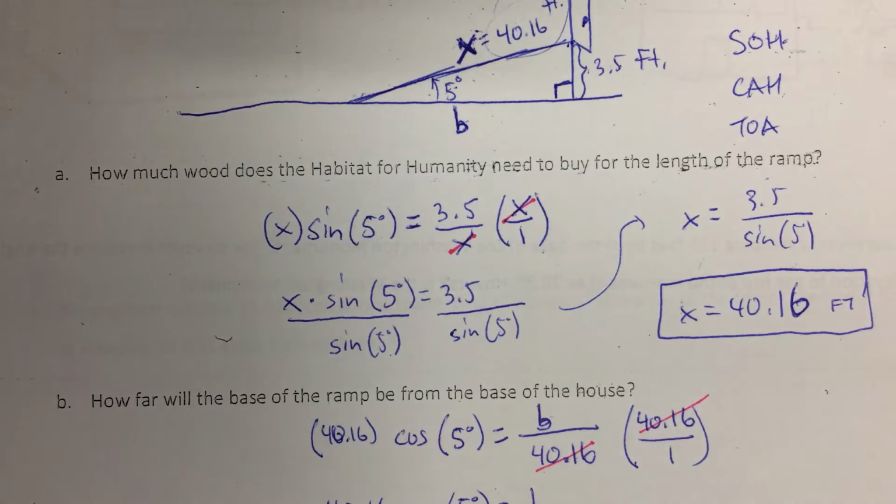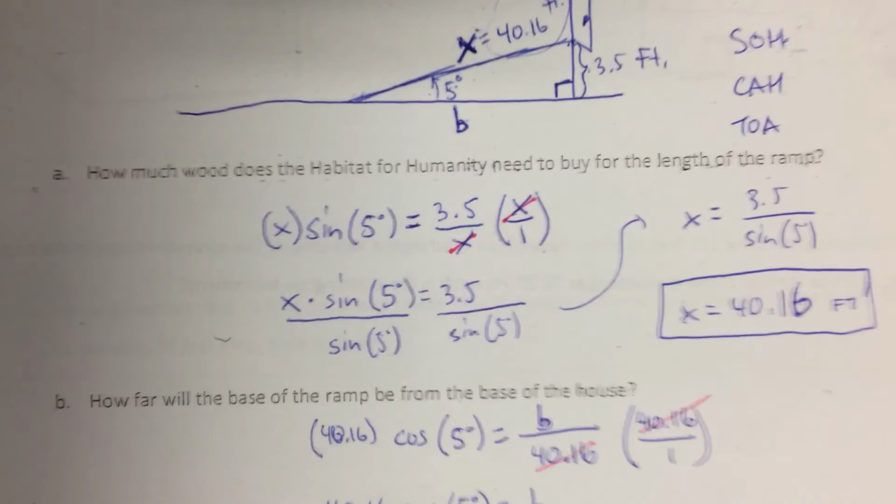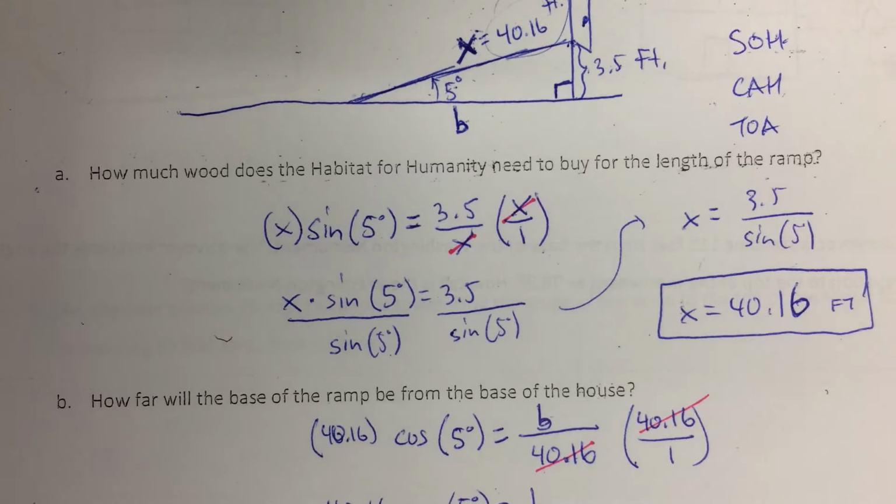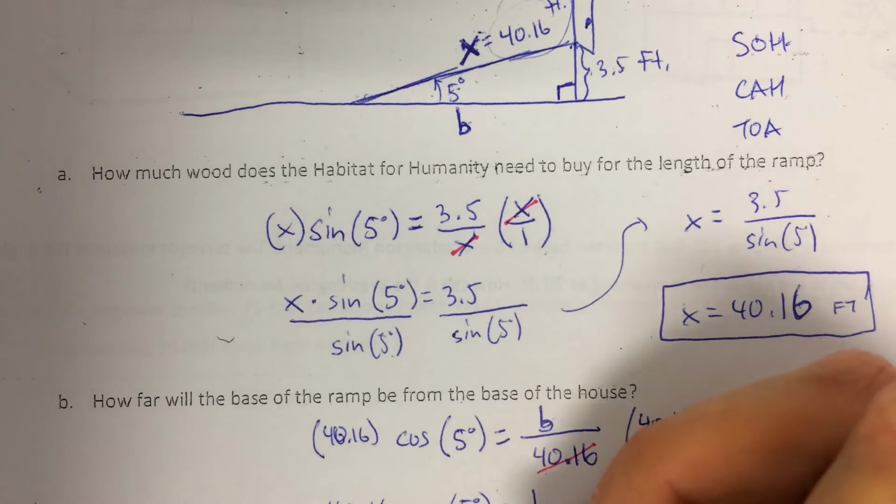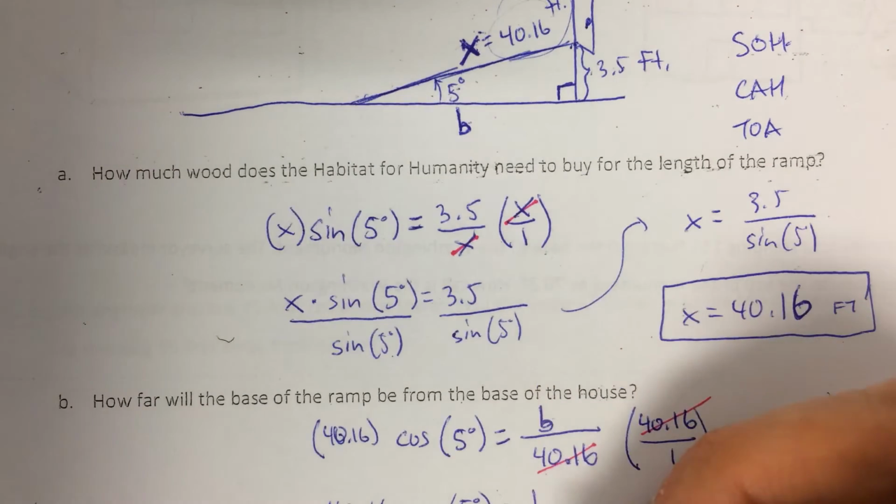That's not going to get where we need to go. We need to multiply both sides by 40.16 to get b on its own. And then once we do that, we can put this value in our calculator, and if we do that, you would get b is equal to 40.01 feet.